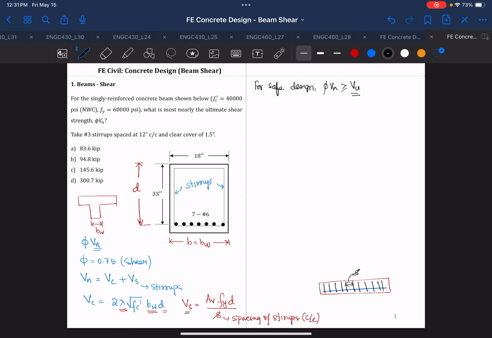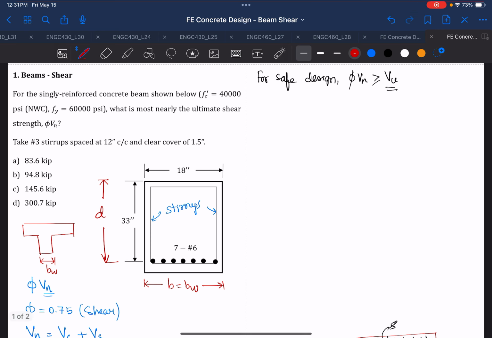Okay, so let's look at this equation. You'll see that it says a singly reinforced concrete beam, meaning you provided reinforcement only on one side. So this is called singly reinforced. And then, this is actually not 40,000, this is 4,000 psi. And your strength of steel is 60,000.